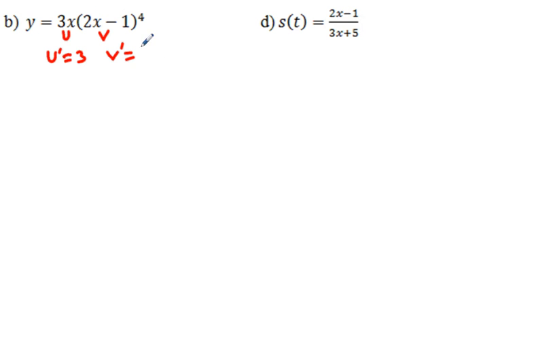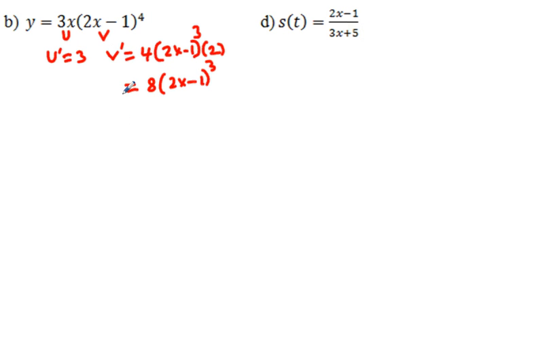We have, using the chain rule, 4 out front times 2x minus 1 to the 4 minus 1, which is 3, and then times the derivative of the inside, which is going to be 2, and simplifying out, we're going to have 8 times quantity 2x minus 1 cubed.